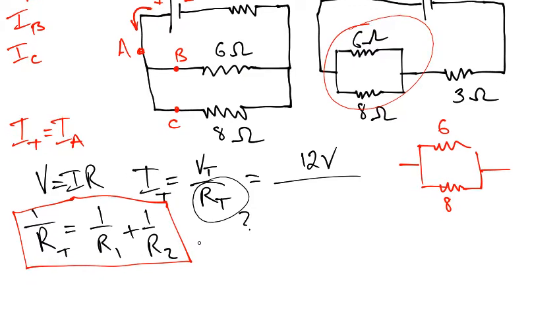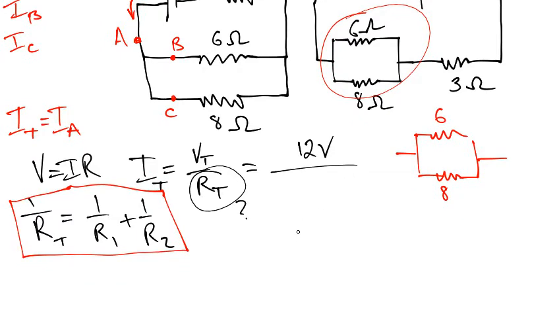And if we solve for it, I'm going to solve for it like this. I'm going to say R total therefore is equal to 1 over 1/6 plus 1/8. And now I'm going to reciprocate this whole thing so that it can just simply be equal to RT. And there you go. I've reciprocated it.